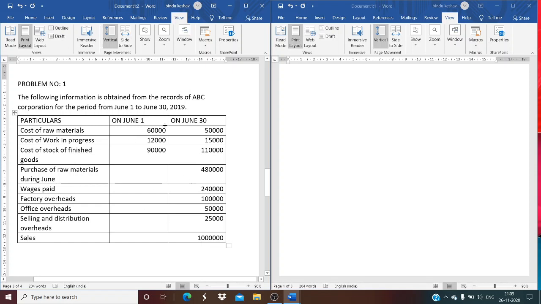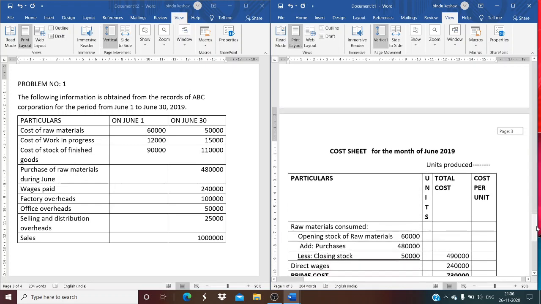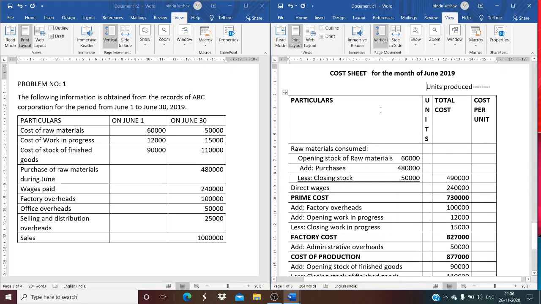So with this information, we have to prepare a cost sheet. A very simple cost sheet we are going to prepare now. Now, the format of the cost sheet, you know how to prepare it. That is the cost sheet for the month of June 2019. The units produced: if information is given regarding the number of units produced, that has to be written here.